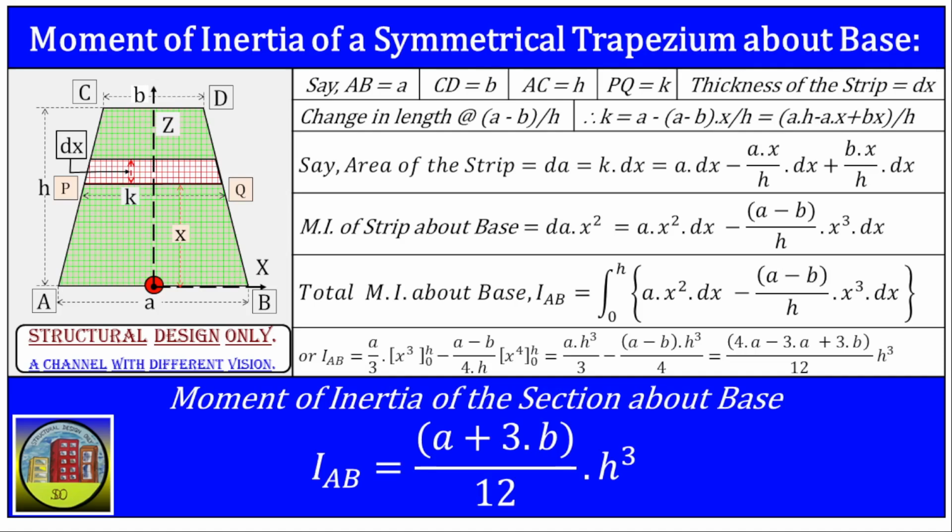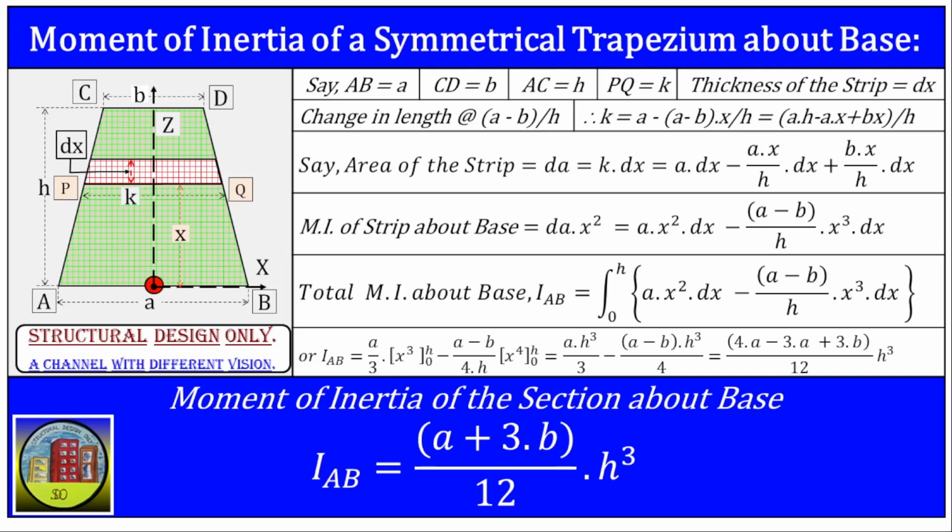Therefore, the final expression for the moment of inertia of the symmetrical trapezoidal section about its base, IAB, is equal to (a plus 3b) divided by 12, all multiplied by h cubed.